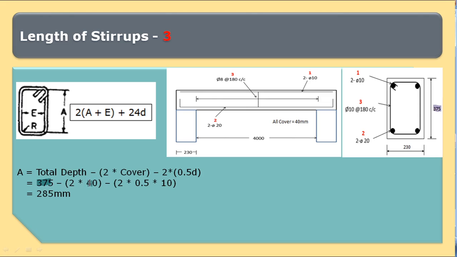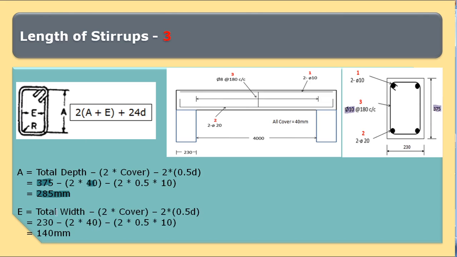Cover is 40 mm, minus 2 into half of the diameter of reinforcement used for stirrup. The diameter of stirrup reinforcement considered here is 10 mm. So 2 into 0.5 into 10. So A comes out to be 285 mm.